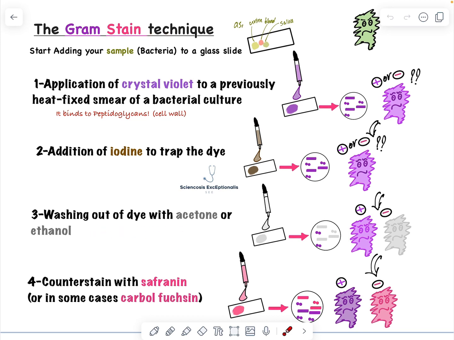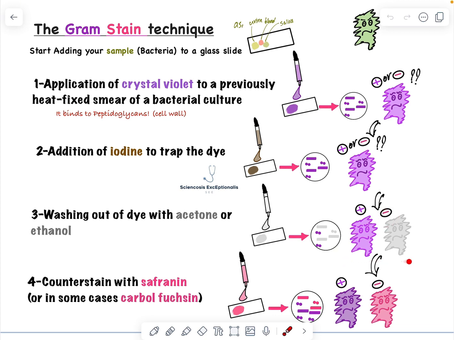Why? Because until now we have purple bacteria and we consider them as gram positive, and we have colorless bacteria and we consider them as gram negative. But actually, the purple ones are 100% gram positive, whereas the colorless ones are 50% gram negative.